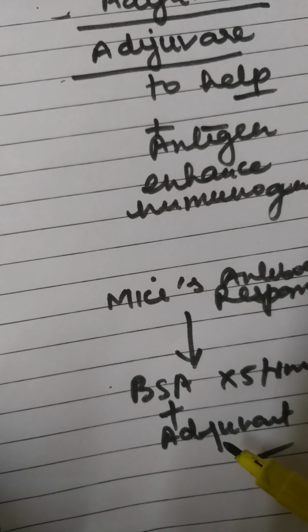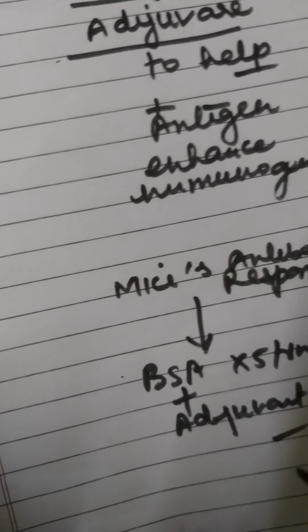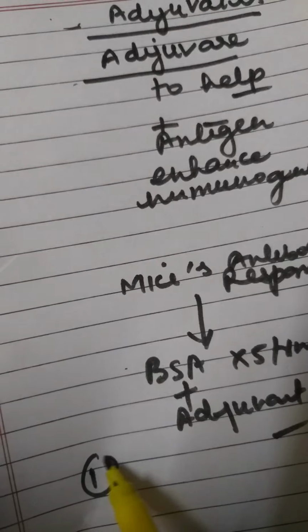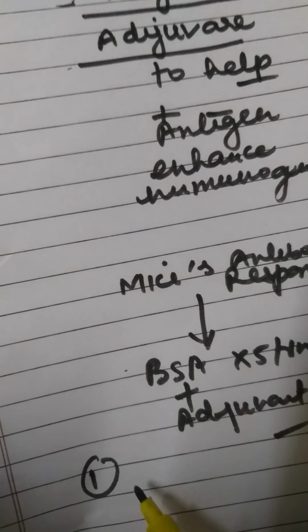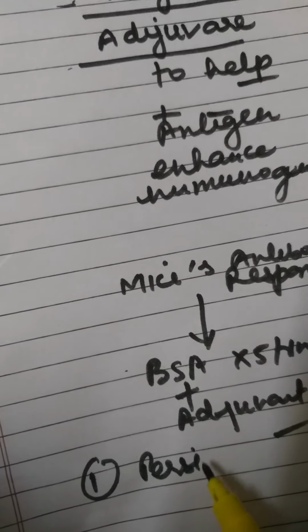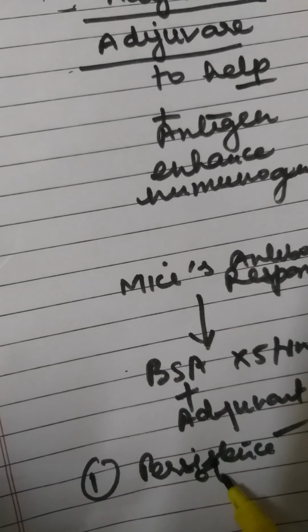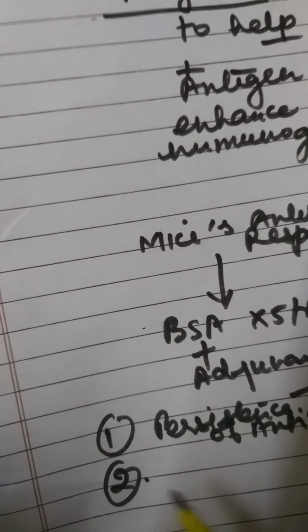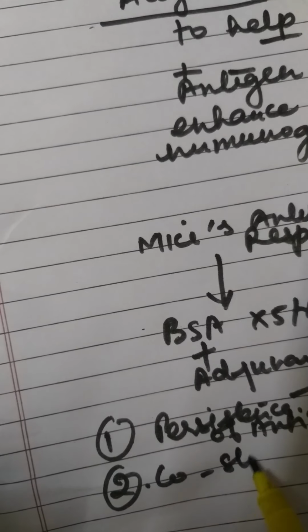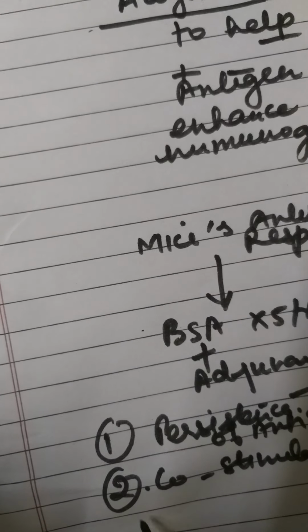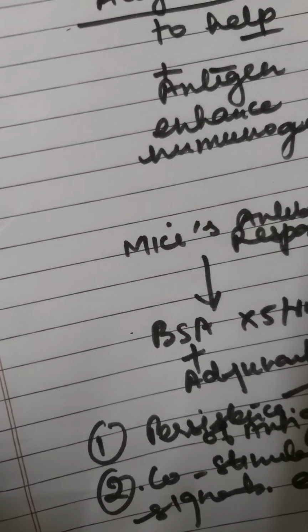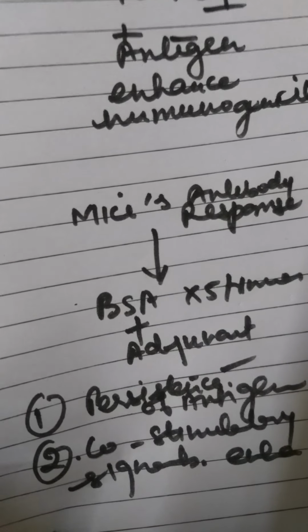There are different effects of adjuvants on the immune system. One, they enhance the persistence of antigen. Second, co-stimulatory signals are enhanced.